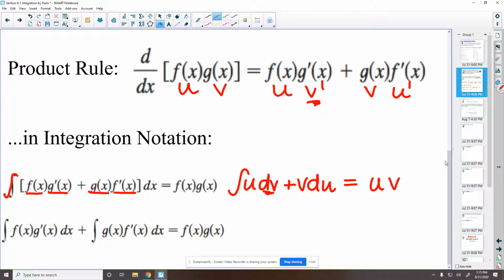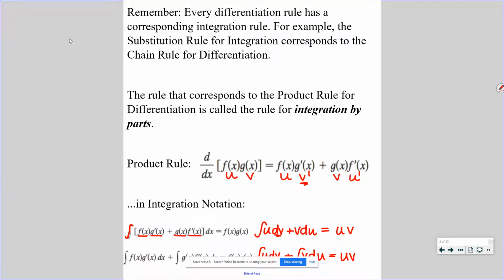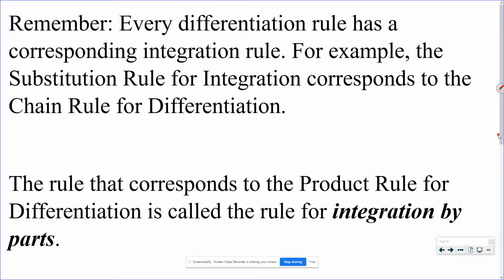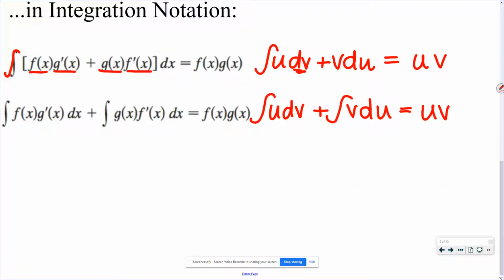And what I would do next is split up the integral so that there's an integral attached to each portion with a plus sign in between. And then the next thing I'm going to do is rearrange this.